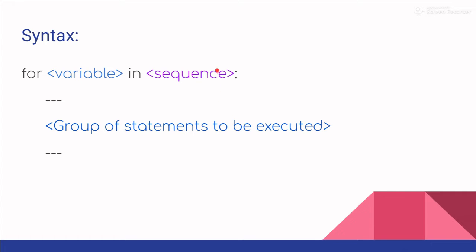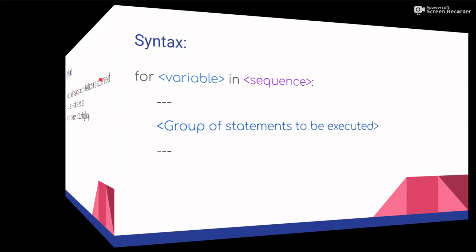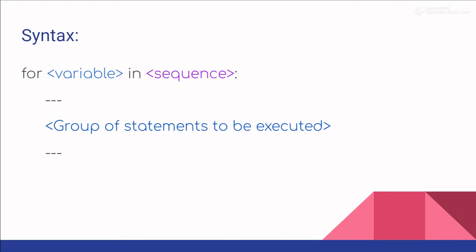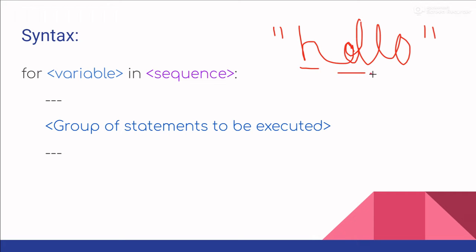Now, let's take a look at the syntax of a for loop. You can see we have for and then a variable in which we want to store the value of the sequence. So let me write HELLO again. If we want to iterate over this string, that is, if we want to take each character of the string one by one, we first have to make a variable in the for loop.